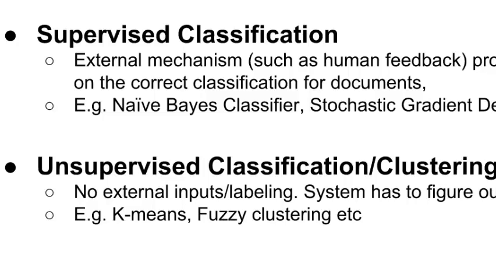Some techniques are naive Bayes classifier, stochastic gradient descent, etc. In unsupervised classification, we don't know a priori what classification the documents belong to, and we let the system figure it out for us. So there are no external inputs or labeling beforehand.